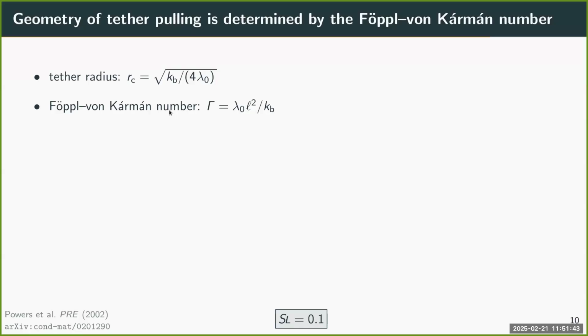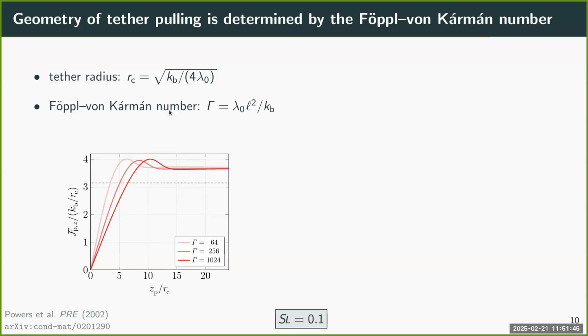And so we can see what actually happens as I change the patch size. As I decrease the Föppl-von Kármán number, which are lighter and lighter lines in the schematic, or essentially shrink the patch relative to the tube radius, we see that the initial slope of the pull force is changing, even though the long time, or steady state, pull force remains constant.